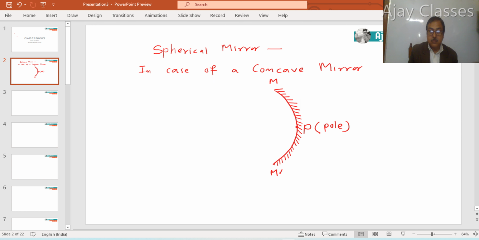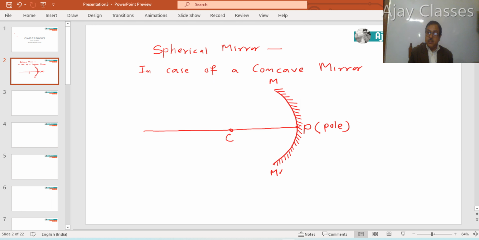Draw a straight line to make the principal axis. This total concave mirror is supposed to be part of a sphere, so the dotted line shows the spherical surface, and C is taken as the center of the sphere.